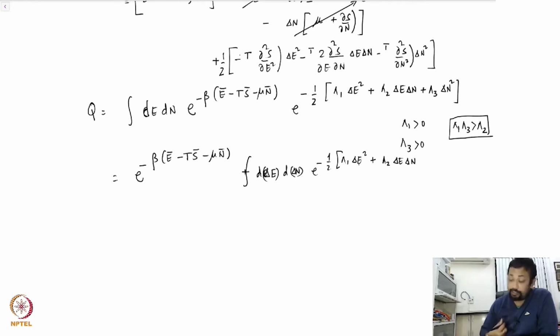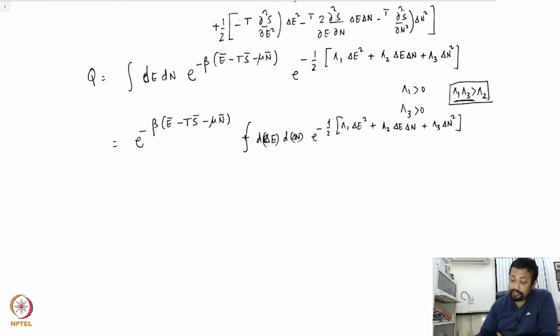Lambda 1 would be the inverse of the specific heat. The coefficient of delta N square will be the del N del mu that we did, and one can verify this very easily, right?